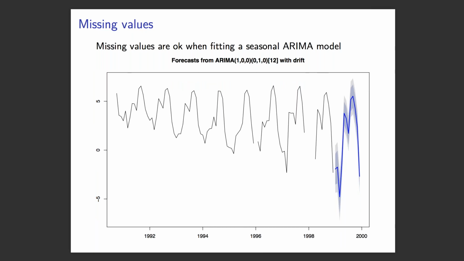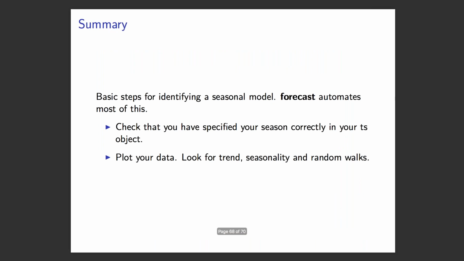Missing values were no problem. Notice we had these missing values. That's just fine. It would be an interesting exercise to start blowing holes in that data and seeing how many missing data points you can get in there and still pick up that seasonal cycle. I'm guessing you can probably remove a lot of the data, especially if you removed it randomly.